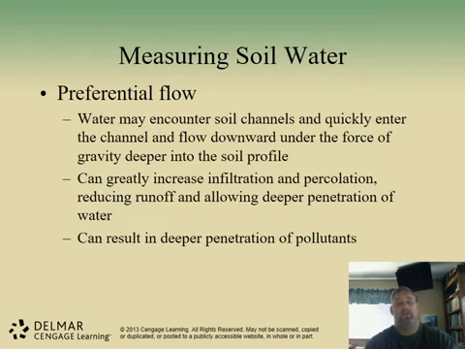Okay, so when we're talking about measuring soil water, we're looking at the preferential flow. This preferential flow is something I've talked about before, and this is when a water molecule would like to follow the path of least resistance, which can basically be seen by water as it flows downhill.